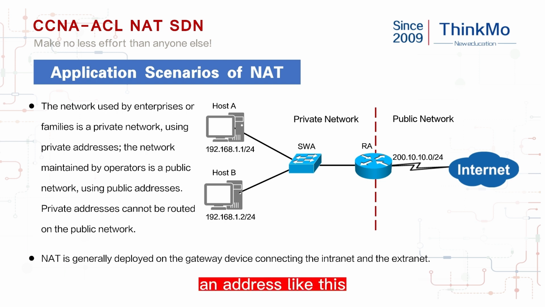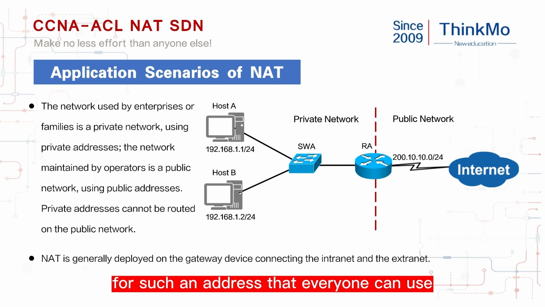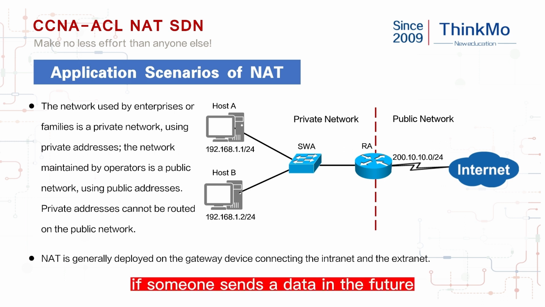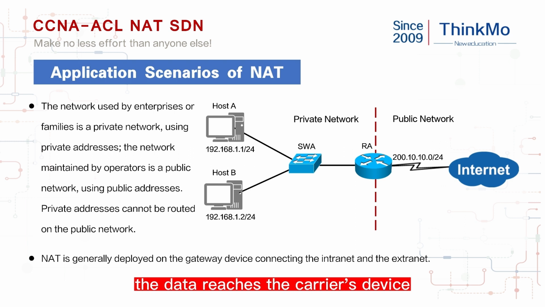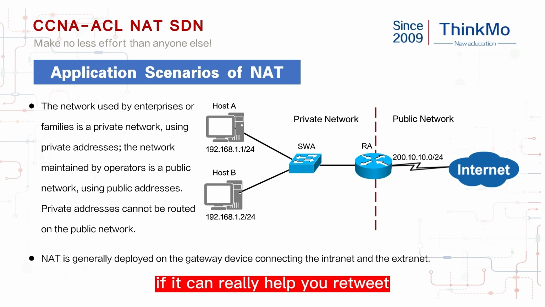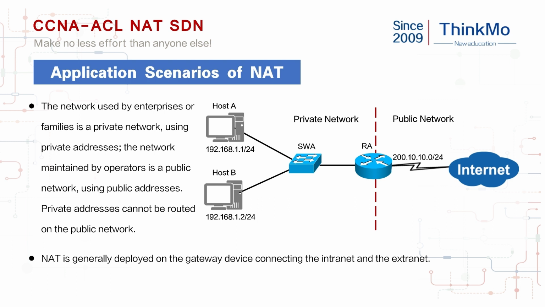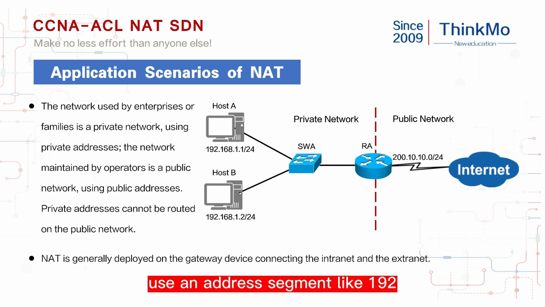Since it is a private address, it means we can use it, whether at work, at home, or even in a small restaurant outside; everyone can use such an address. If someone sends data to 192.168.1.1 and the data reaches the carrier's device, could it really forward it for you? So where is this address? For the whole world, so many people use address segments like 192, so many private addresses.